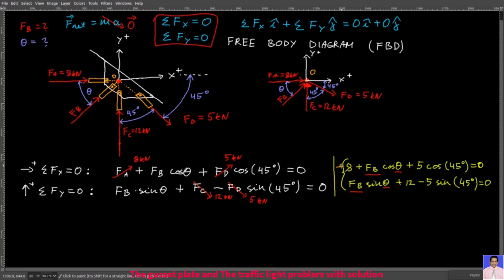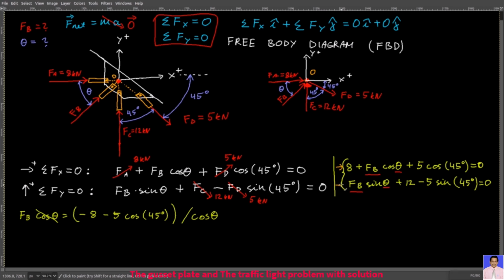We can take this first equation, and we can rewrite it like this. Fb times cosine theta equals, and then I put everything else onto the other side of the equation sign. And so I have this one here. And then I can put parentheses here, divided by cosine theta, so it will go away from here.